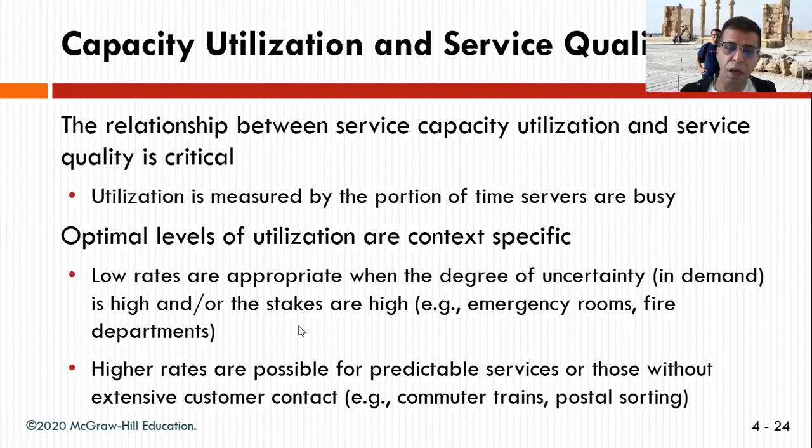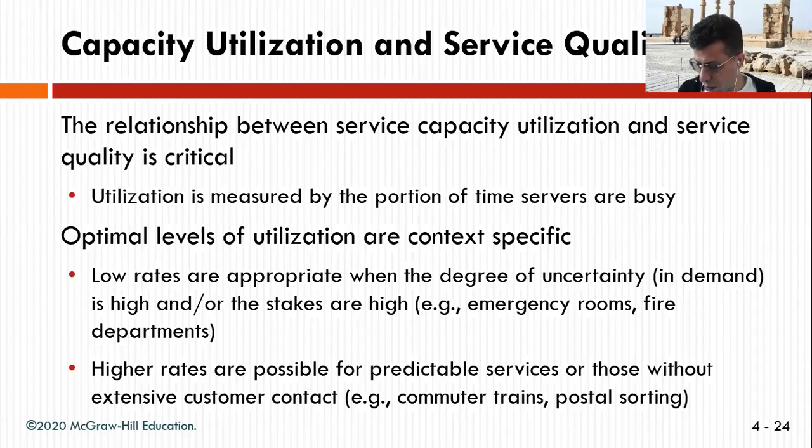So, in other words, the relationship between service capacity utilization and service quality is critical. Utilization is measured by the portion of time servers are busy. How busy are the people who are providing the service? What's their percentage of being busy? The optimal level of utilization is context specific.